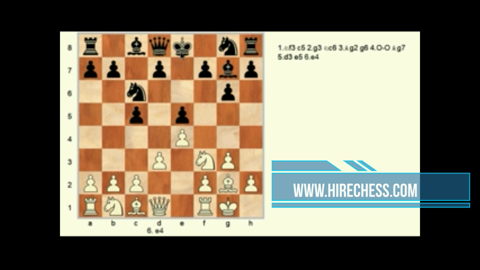So now black should prepare for castling. That's why it moves knight g e7. For that, white moves knight b2.